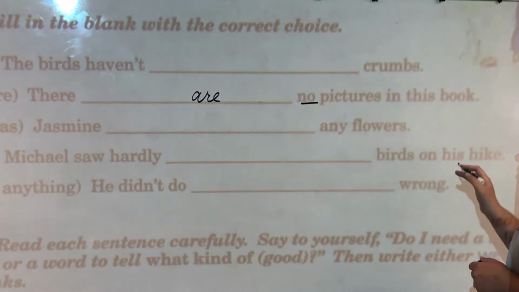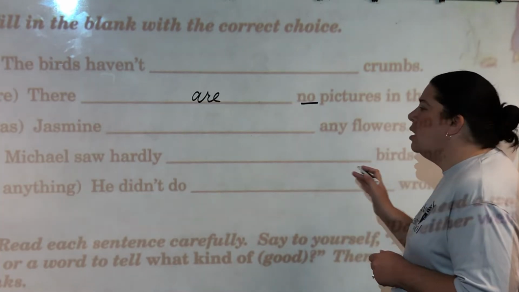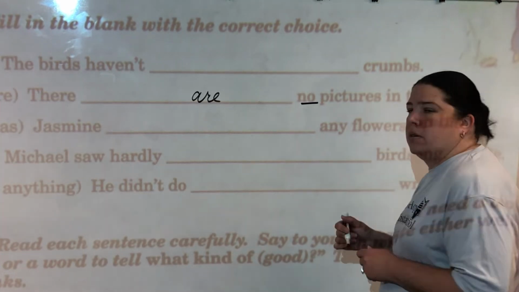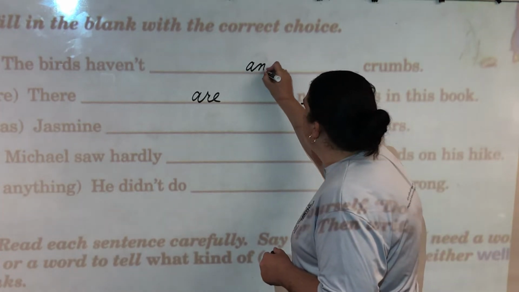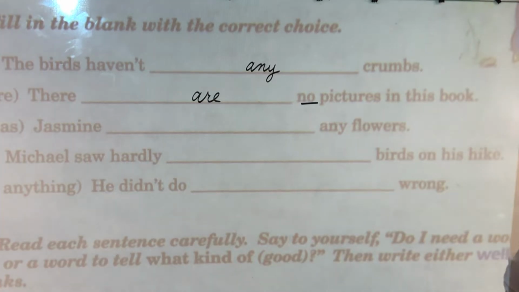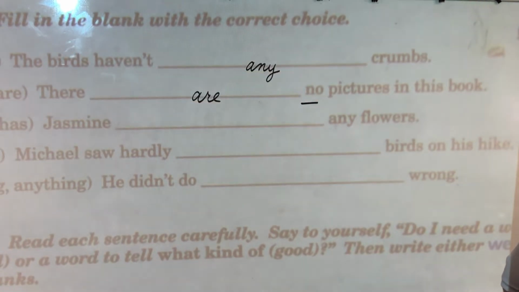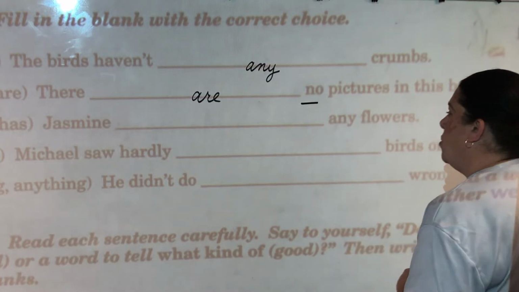Jasmine blank any flowers. Hasn't any flowers? Has any flowers. What do you think here? Let's put any, for those who are looking at their paper. And number 3 again.